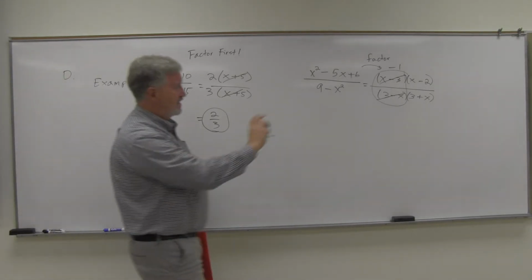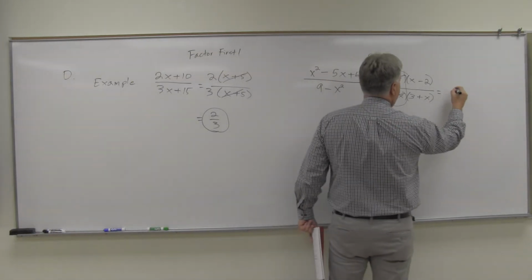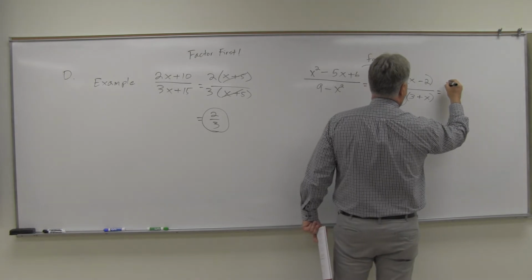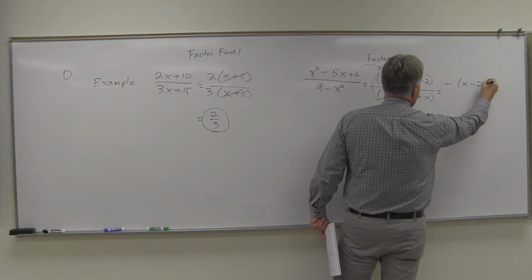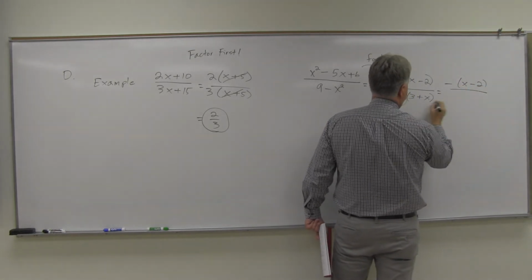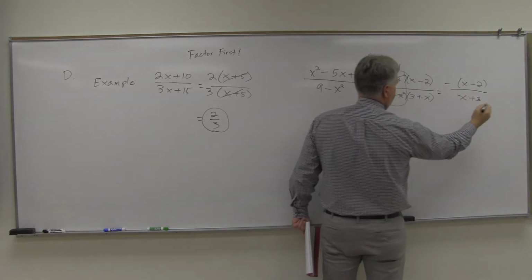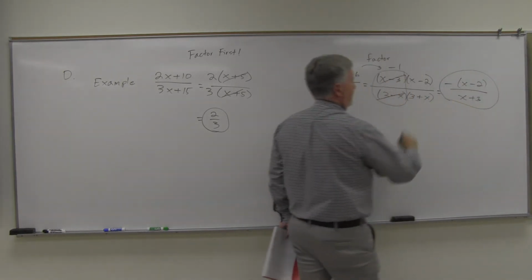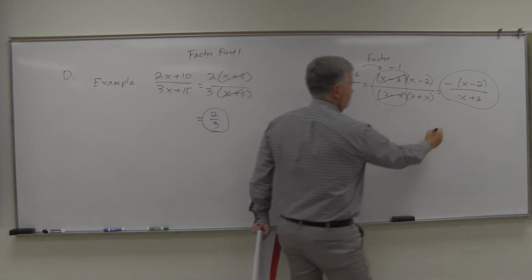And so the others, of course, don't match, and so we're going to wind up with, let's just call it negative x minus 2 on top, and then let's write that as x plus 3. 3 plus x would be okay, but something like that. You could write it in the front.